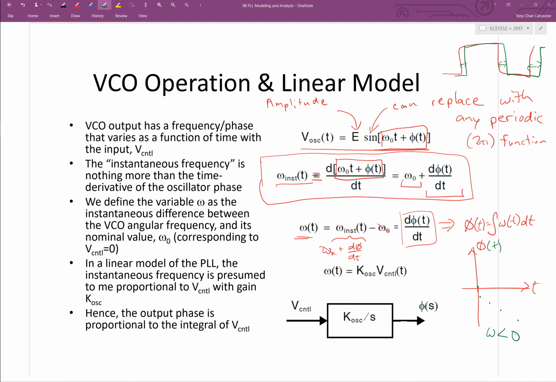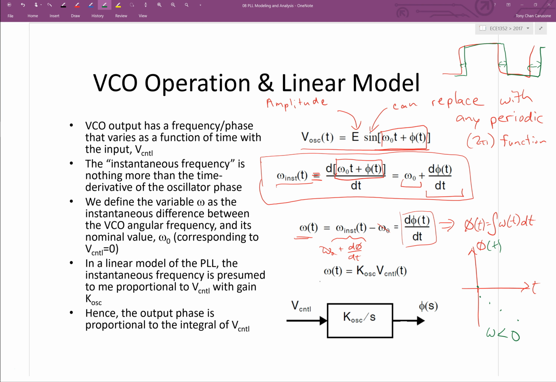That's really key. I think it's really important to recognize that the oscillator is this perfect integrator. So now, if we've designed the VCO properly, then that instantaneous frequency should be related, hopefully somewhat linearly, to the control voltage, V control, at the input.